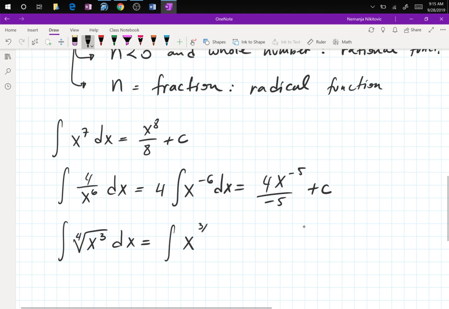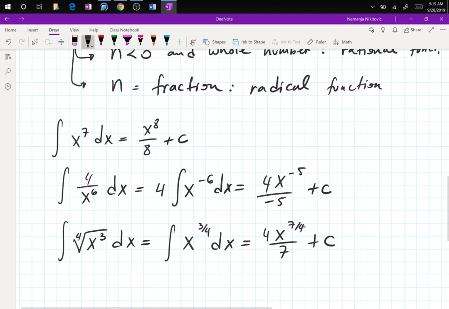So it's going to be x to the 3/4 dx, and then when you add 1, it's going to be x to the 7/4 over 7/4 plus c. So now you see all 3 examples for x to the n, and it's important to be able to work with all of them. So one formula covers 3 types of functions, right?